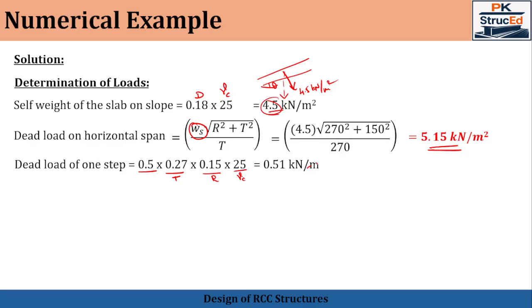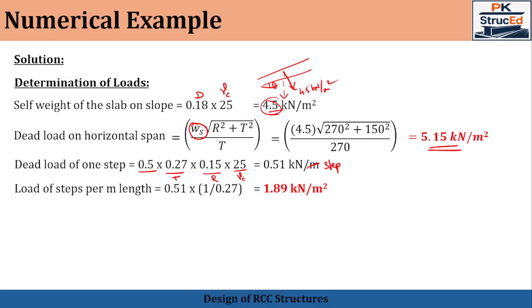It is not per meter, it is per step, exactly speaking. But we are supposed to calculate per meter length. Therefore, the load of steps per meter length will be 0.51 divided by the distance over which that value acts, which is the tread distance, divided by 0.27. Now we are converting to per meter length, that is why it has been multiplied by 1. So I get the value as 1.89 kilonewton per meter square.